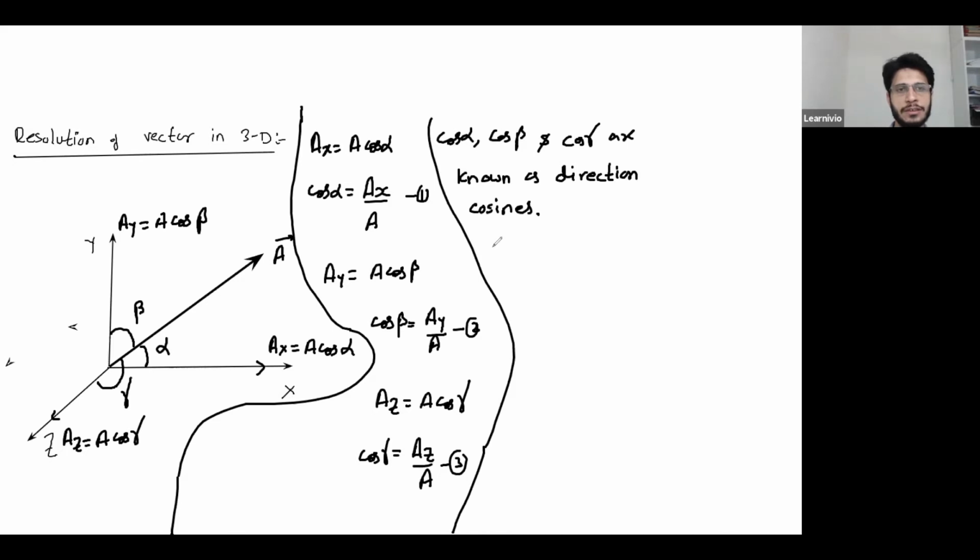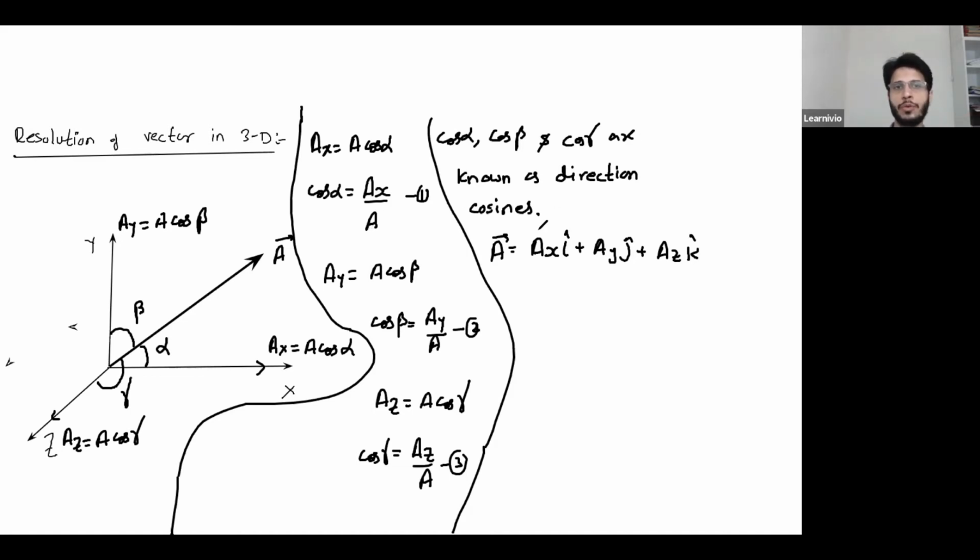The next thing is, you can write your complete vector in this form: A is ax i cap plus ay j cap plus az k cap. So this is how we resolve vector in 3D. While resolving vector in 3D, you need the angle with respect to x-axis, y-axis, and z-axis, and similarly cos alpha, cos beta, and cos gamma components.